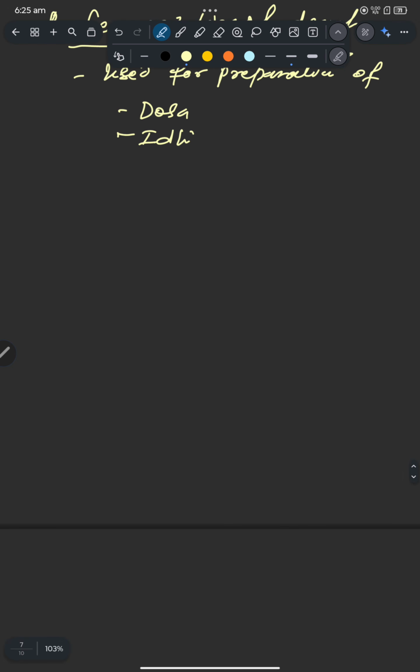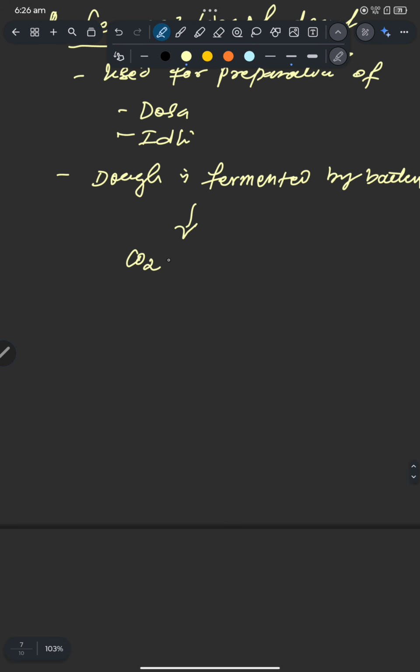So this dough is fermented by bacteria, and because of this fermentation, carbon dioxide is produced.